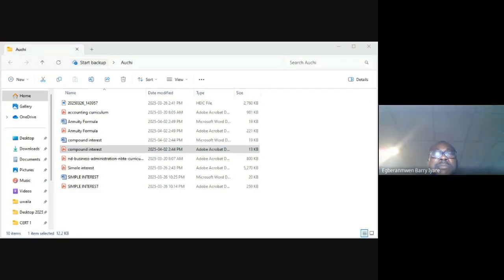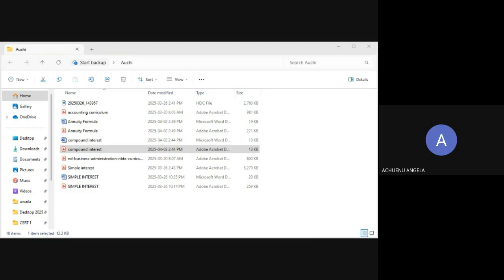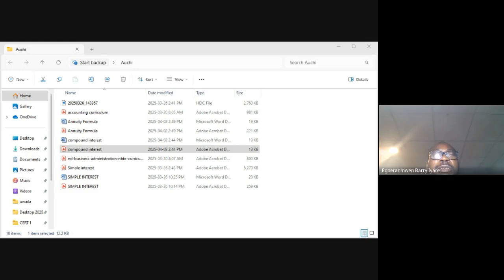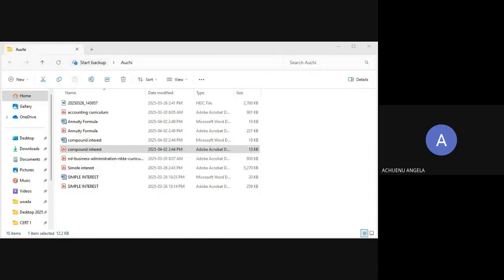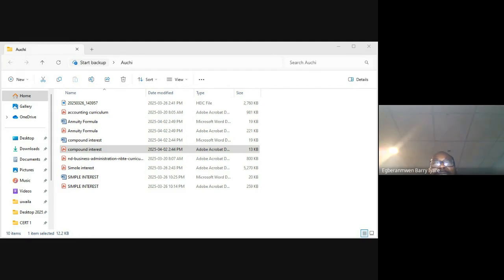Okay, I'm sure you can see my screen now. But you have not opened it. I've opened it. No, it's the folder we're seeing. It's open on my side here.